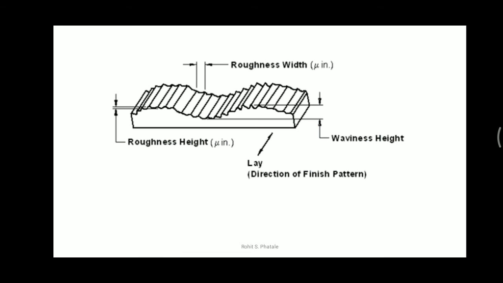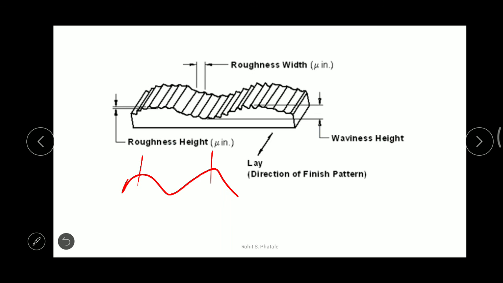Suppose this is one wave and this is a second wave, so the distance between these two peaks is called the roughness width, and the distance between the peak and the valley we refer to as the roughness height.